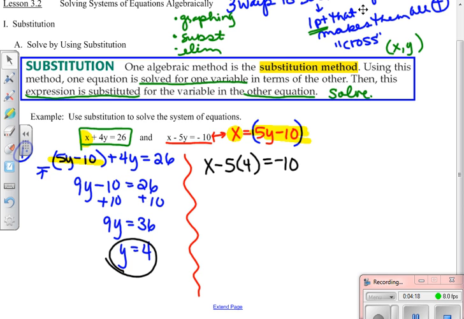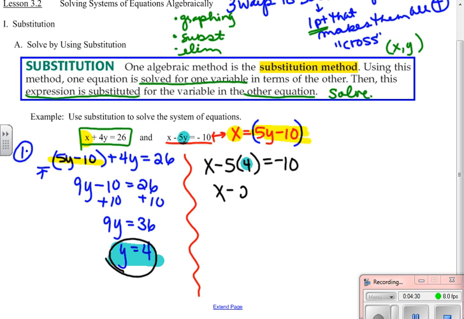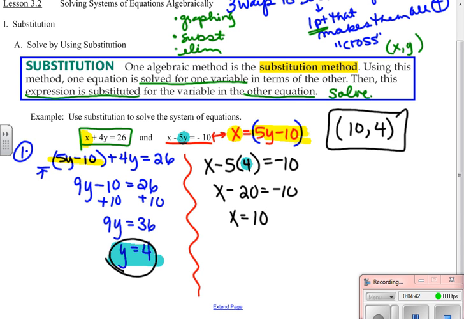Now what I've done is I've replaced that y with 4. And now I can say that x minus 20 is equal to negative 10. Add 20 to both sides, x equals 10. So my answer is (10, 4). So these two equations are going to intersect at (10, 4).